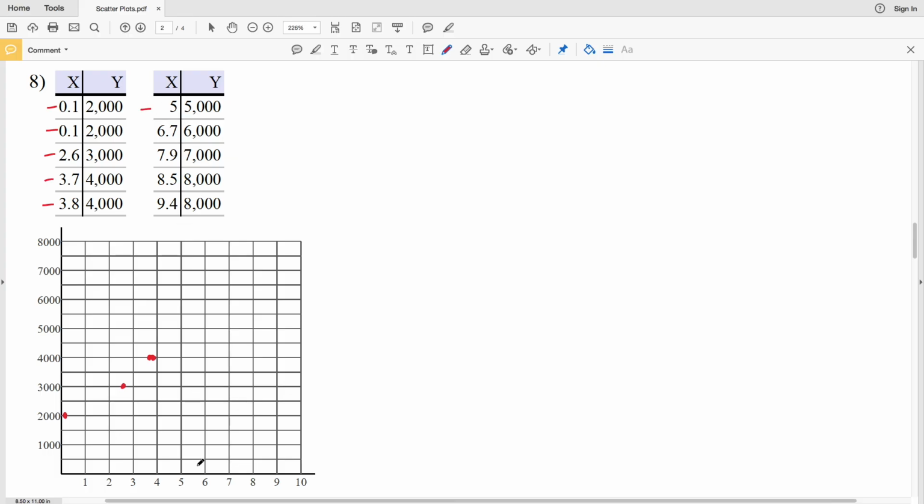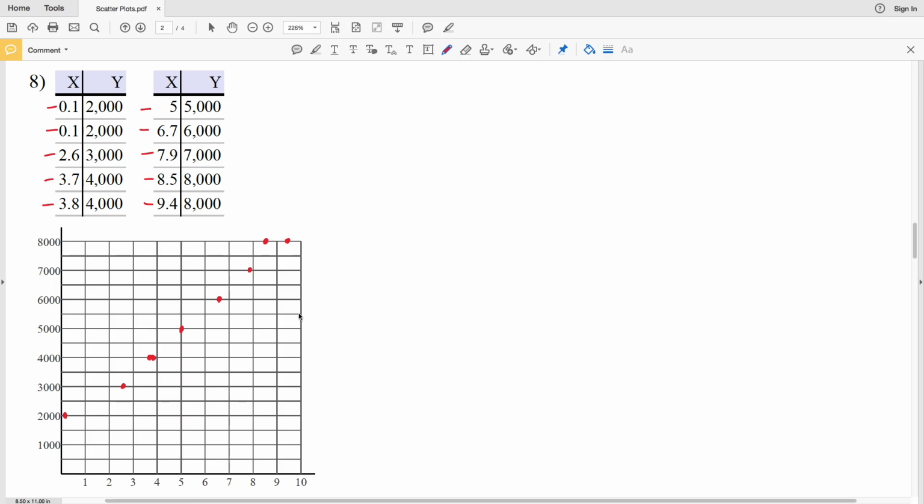And then 5 and 5,000, 6.7 and 6,000, 7.9 and 7,000, 8.5 and 8,000, and then 9.4 and 8,000. So there is our plotted scatter plot in number 8.